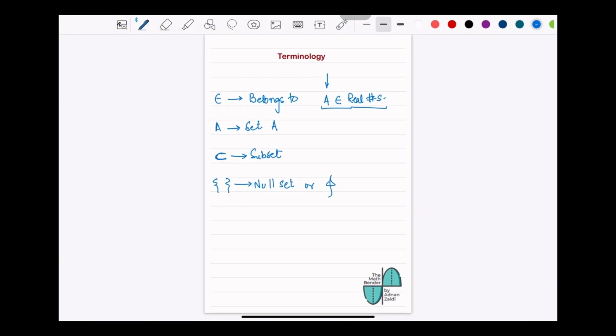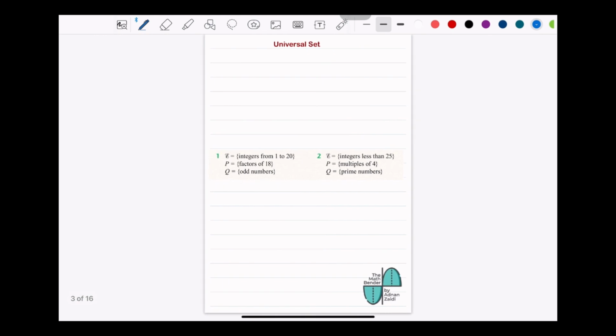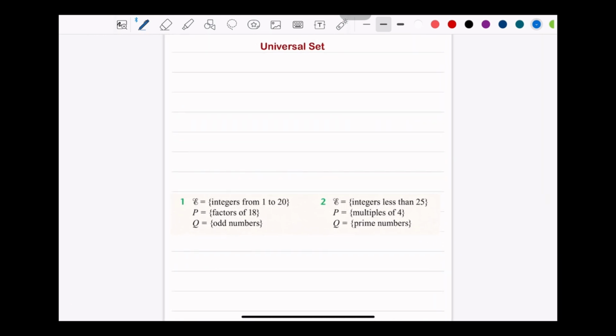Now let's see some questions and try to make sense of what I'm trying to say here. The universal set is the biggest set. For example, there are 12 classes in a school. All of those 12 classes have some elements in them: table, chair, blackboard, and many other things.